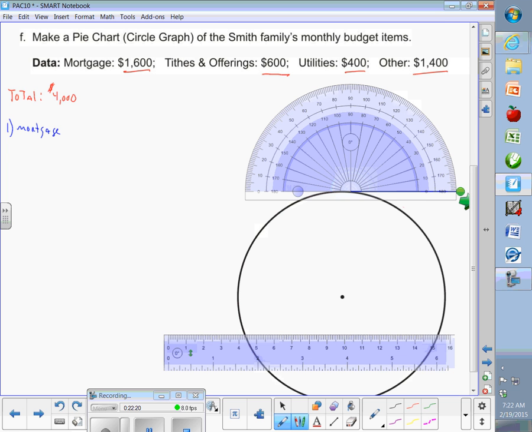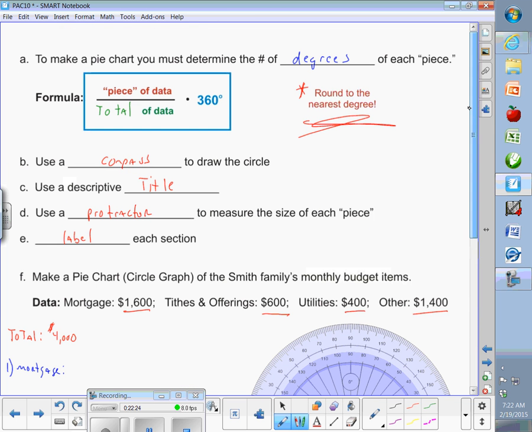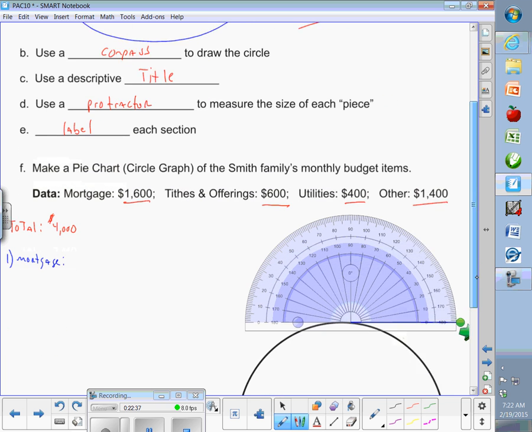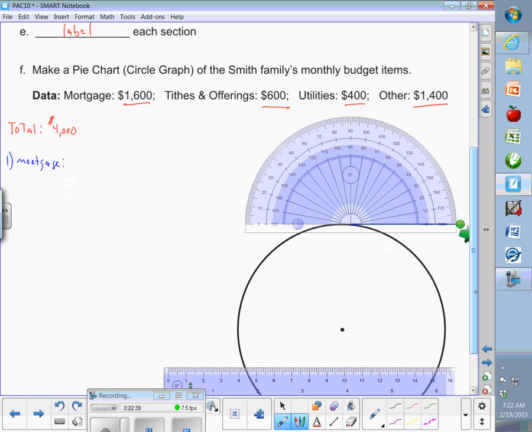Again, take a look at the formula at the top of the page. Take your piece of data. What's our mortgage? 1,600. Divide it by the total. What's our total? 4,000. Multiply it by 360 degrees. So we take our 1,600, divide it by our 4,000, and then don't forget to multiply that times 360 degrees.